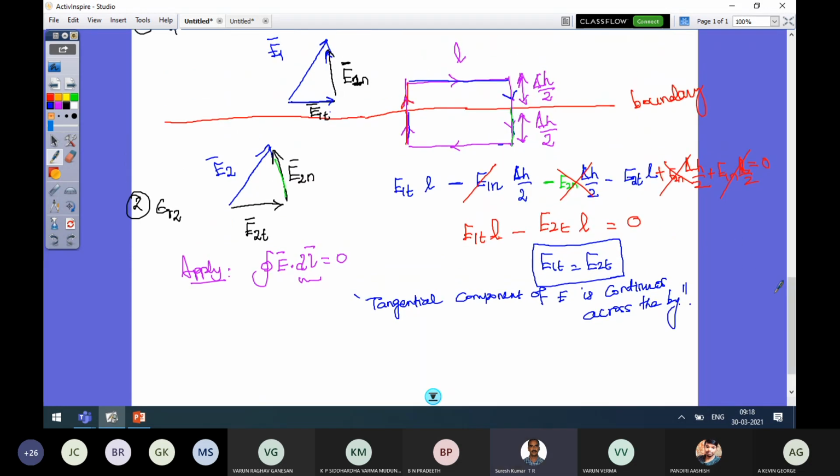That means the tangential component in medium 2 is available, because it's assumed to be passing from medium 2 to 1. So in medium 1, the tangential component will remain the same. It will not undergo any change. That's what you need to understand.